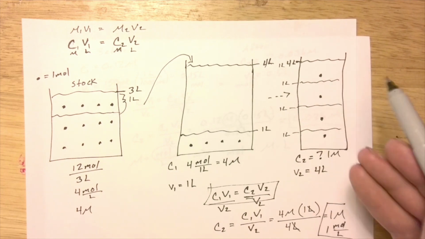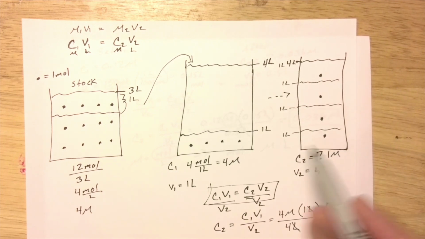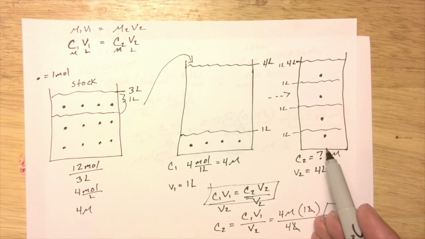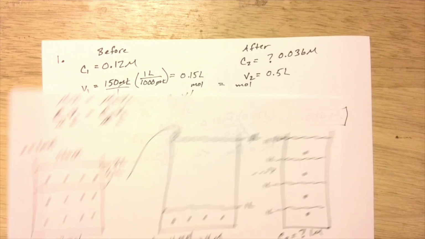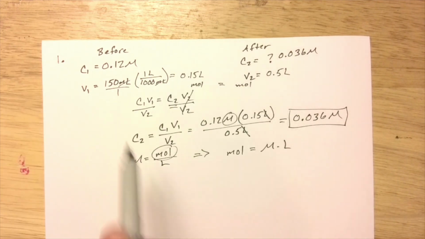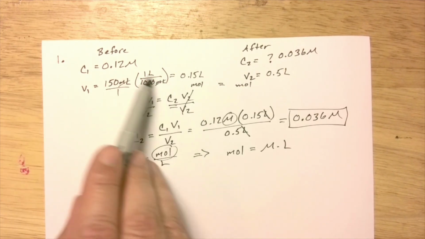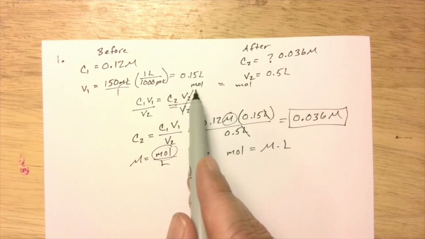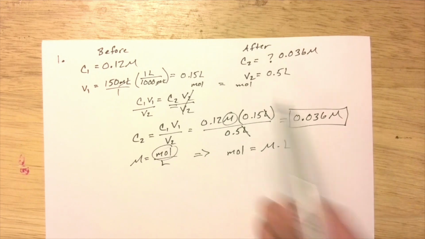But the total number of moles will remain the same. In other words, I have 4 moles here, which will equal 4 moles on this side. And the same thing is true with this. Take these two, multiply them together, it will give you the moles. Take these two, multiply together, it will give you the moles. The moles here will equal the moles here. All right.